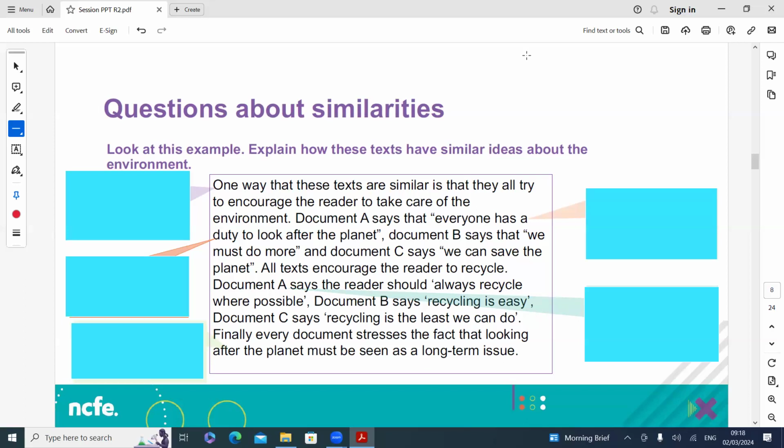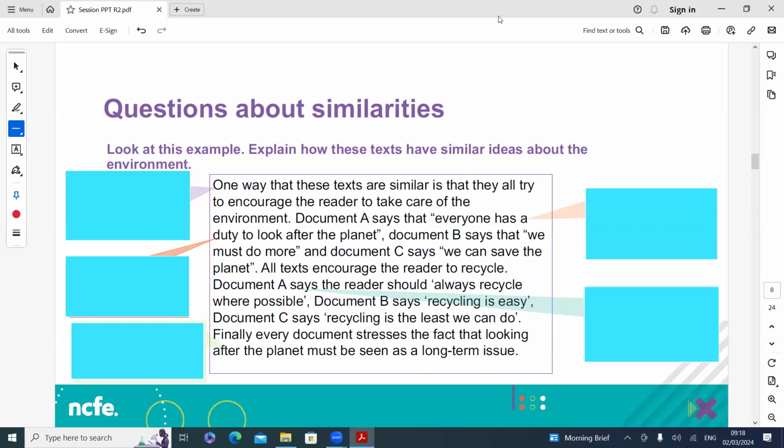All texts encourage the reader to recycle. Document A says the reader should always recycle where possible. Document B says recycling is easy. Document C says recycling is the least we can do. Finally, every document stresses the fact that looking after the planet must be seen as a long-term issue.